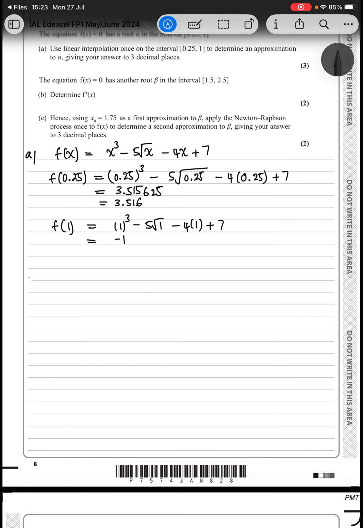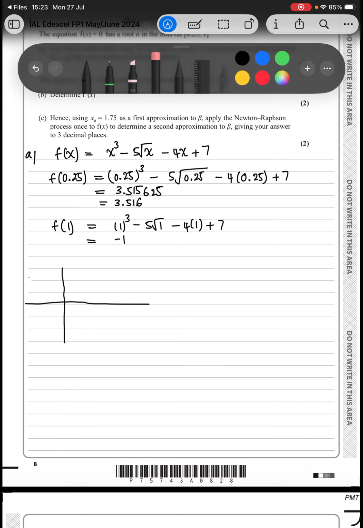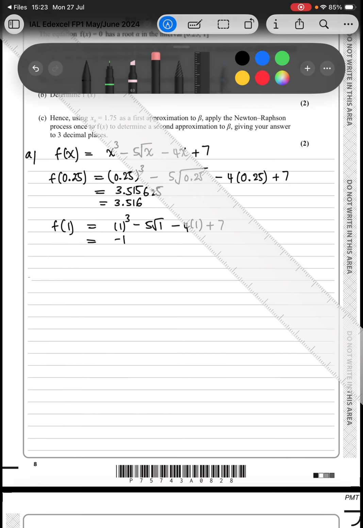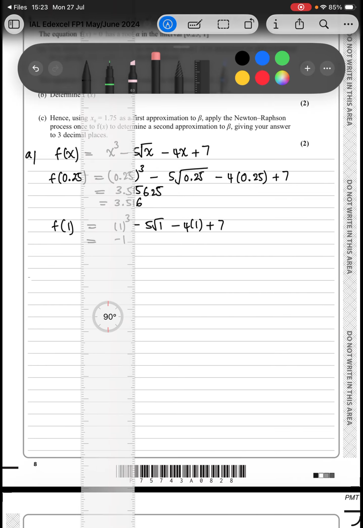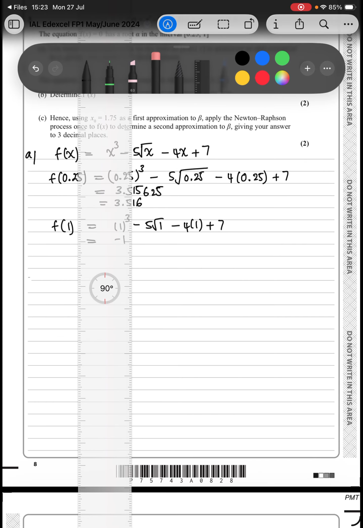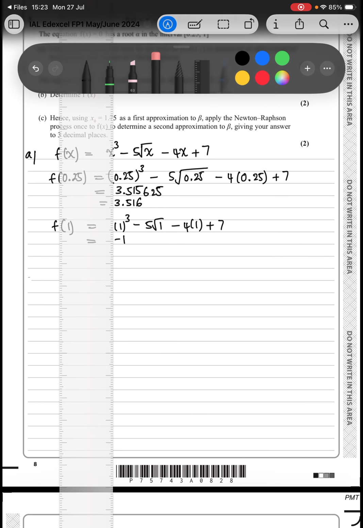Now we can draw the axis, an easier way to visualize linear interpolation. Let me draw that a bit straighter.